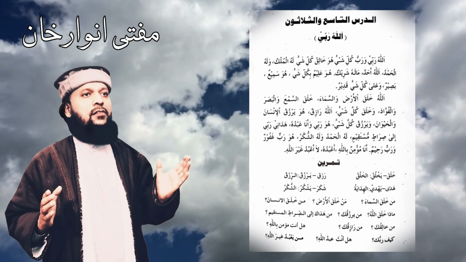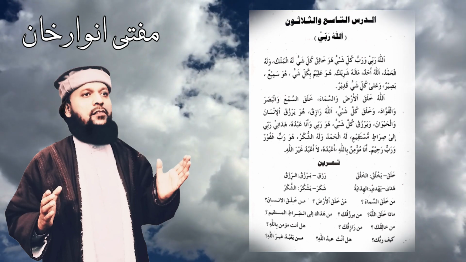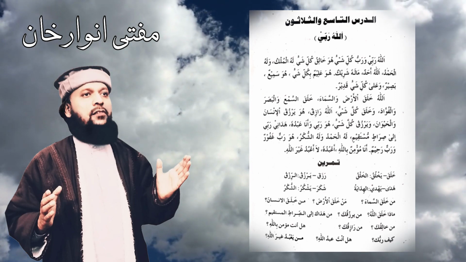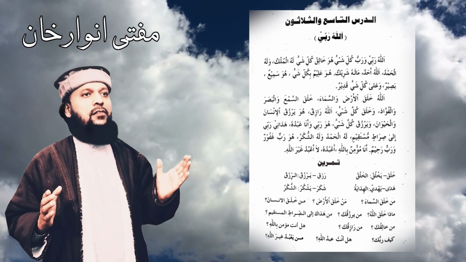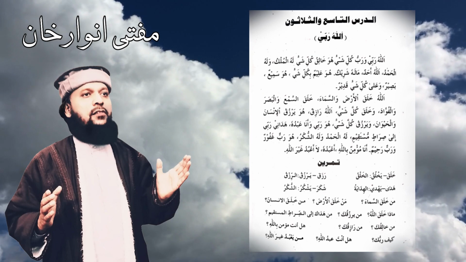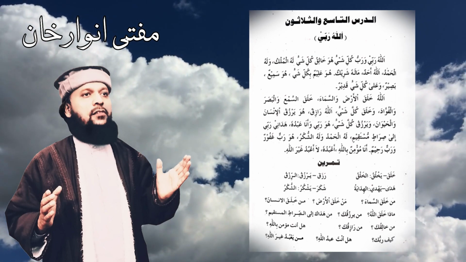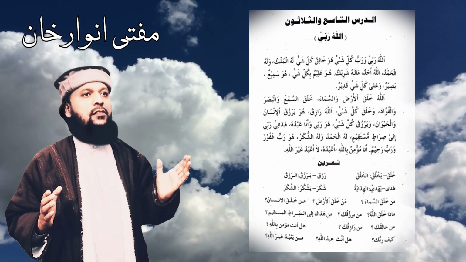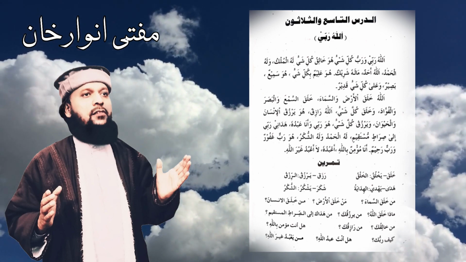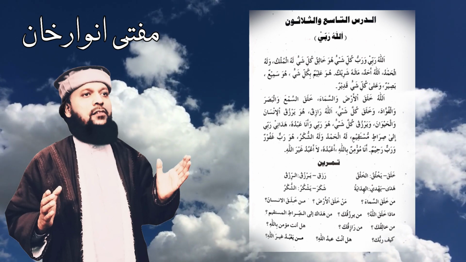There are some other nominal sentences in this lesson as well, but you have already done a lot of practice using the nominal sentence mubtada and khabar. So we have to focus more on the use of verbs. For example, the past tense madi and the present tense al-mudari' and ismul fa'il. Okay, so keeping these points in mind, we have to move ahead and we have to do practice.